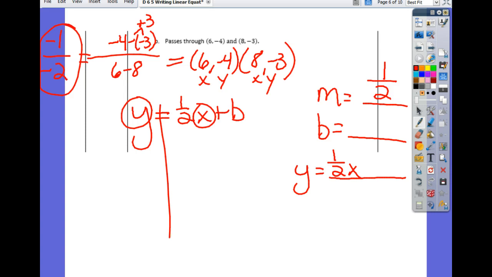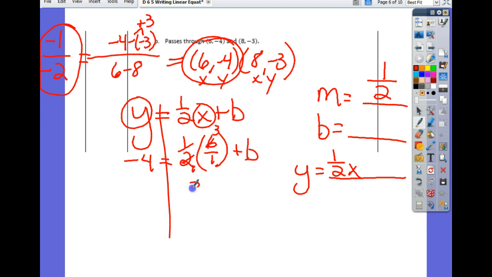So we figured out that 1/2 is our slope. So I'm just going to take this one. So the y is a negative 4 equals 1/2 times 6, or 6 over 1, plus b. Well, this goes in here once, 3. So I have a 3. 1/2 of 6 is obviously 3. 3 plus b equals, we have a negative 4 over here.